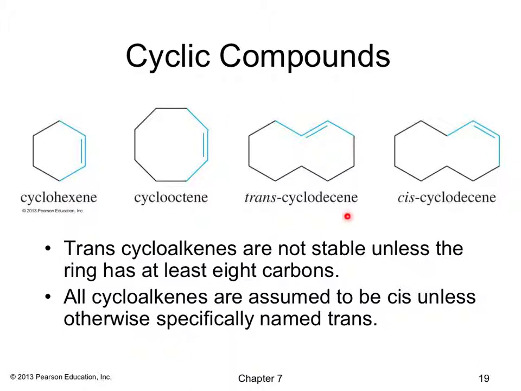This would be trans-cyclodecene, in which you see across the double bond it's on the opposite side. This would be a cis-cyclodecene, as you can see they're on the same side. So trans-cycloalkenes are not stable unless the ring has at least 8 carbons. And all cycloalkenes are assumed to be cis unless otherwise specified in their names. As shown here, this would be trans.